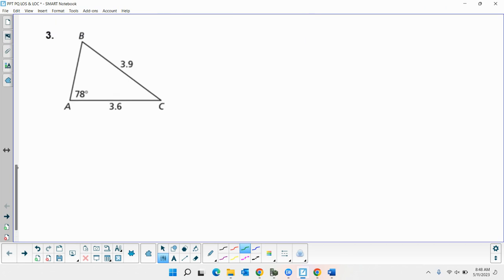All right. Which situation is this one? Side. Yeah, this is a side angle. Okay. So there could be 0 if I get an error once I set up. Which law, first of all? Sine, right?